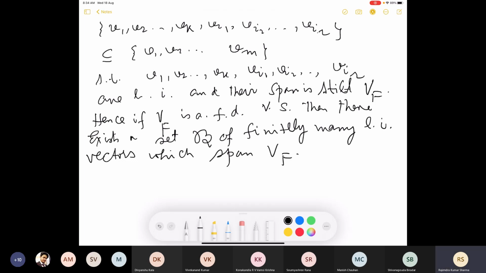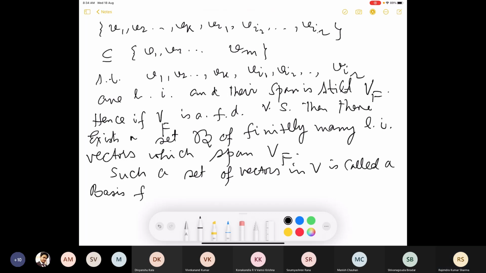And we shall call such a set of vectors in V a basis. Such a set of vectors in V is called a basis for V over F.